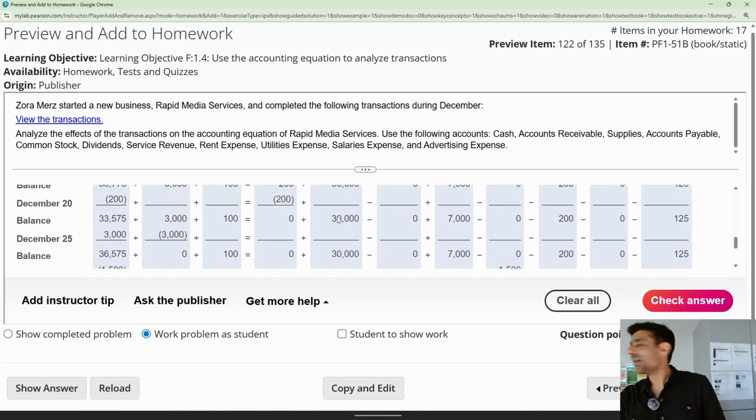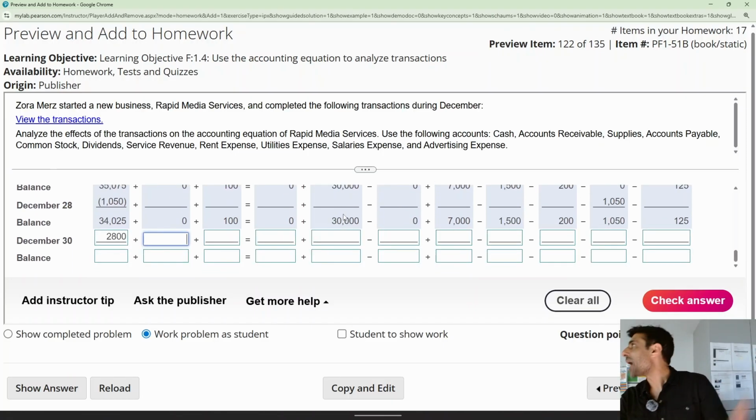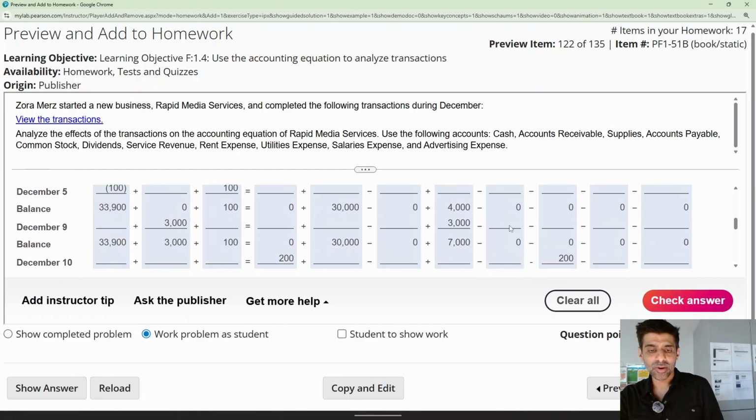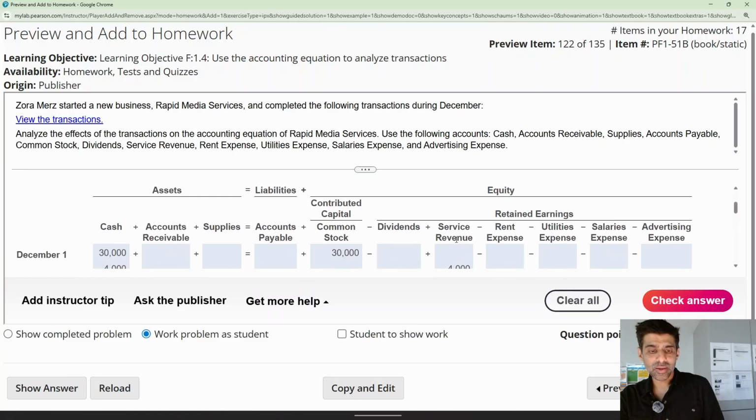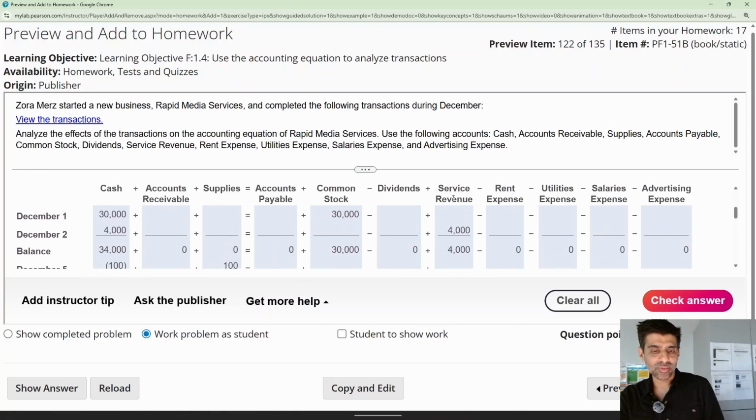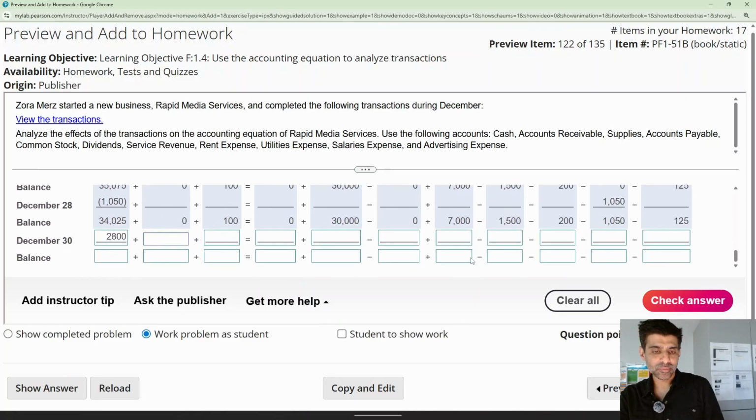It's not from selling some asset. It's from a revenue. We did something for a customer and we earned money. We earned that 2,800. So this is a service revenue of 2,800. Okay, so this is going to be 36,825.